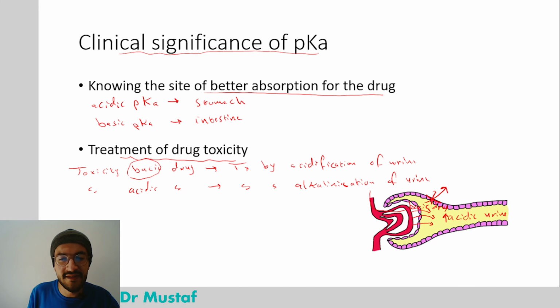And the opposite is true with the acidic drug. If we make the urine highly basic, the acidic drug would be trapped and it can't be absorbed again, and it would be excreted easily with the urine.